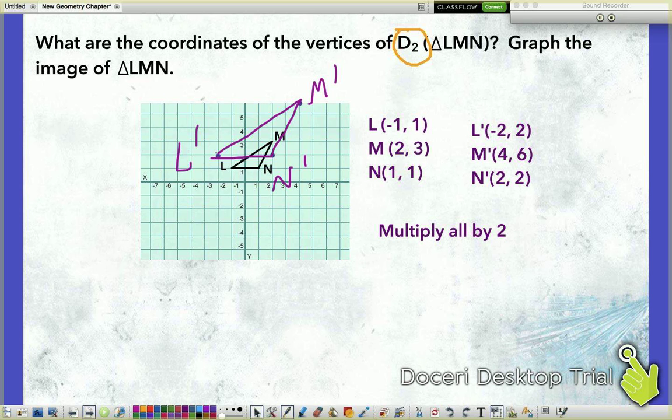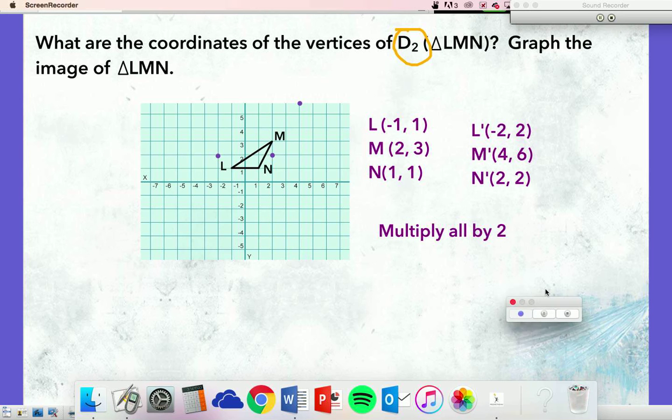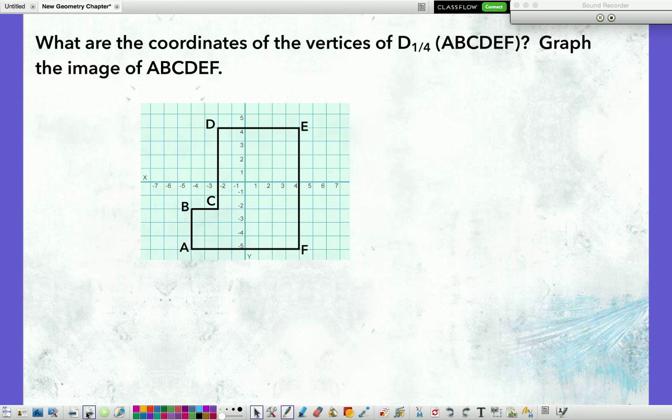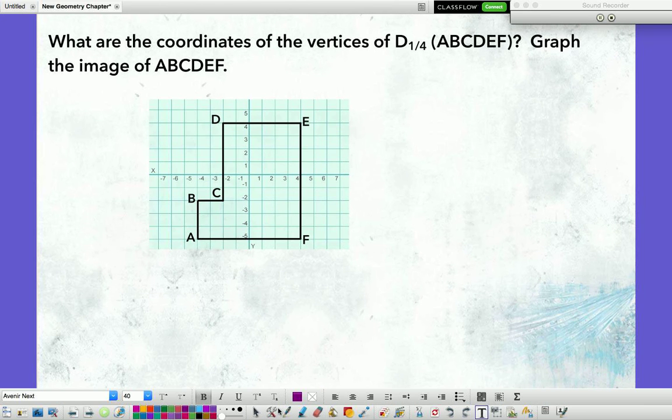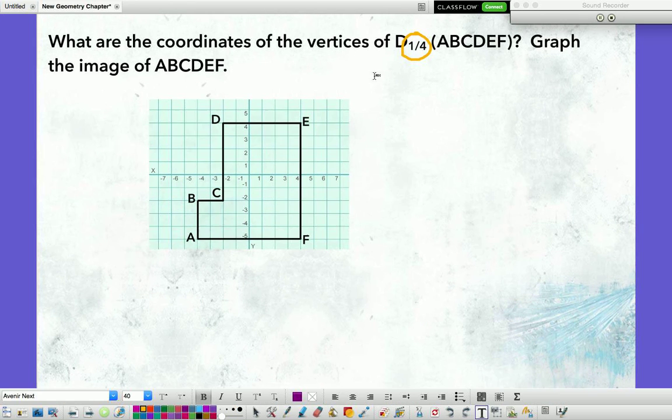All right, next one. Oh, this one looks tough. Okay, first, let's find the original coordinates. And if you notice here, we're going to divide or multiply by 1/4.